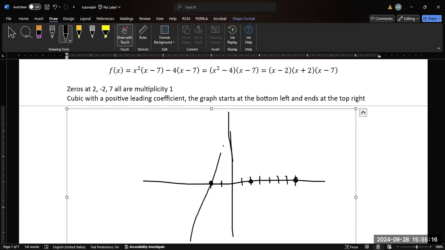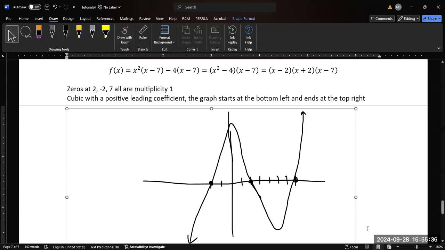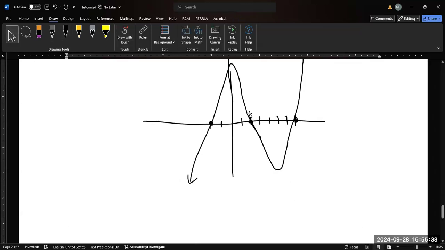It's going to come back up. It's going to go way up there because of the 28. It's going to go straight through at 2. And it's probably going to go way down and then way back up, and then finally end at positive infinity. And so let's check Desmos and confirm that this is the general behavior.